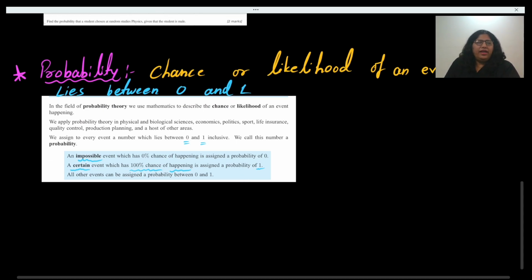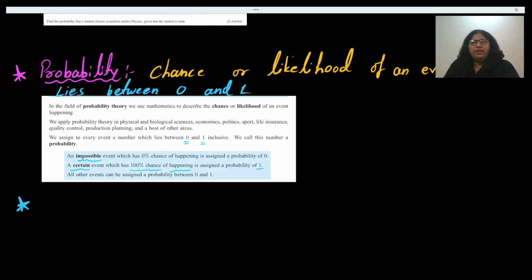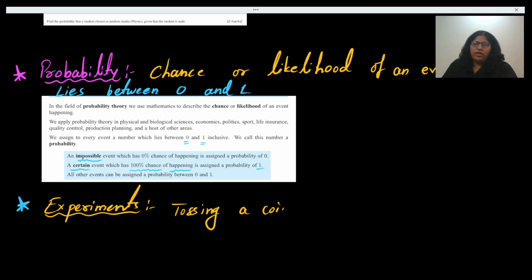After that, in lower grades you must have learned experimental probability, whenever we are doing any experiments. What are the different experiments you do to find the probability? You talk about tossing a coin, two coins or three coins, or rolling a die.